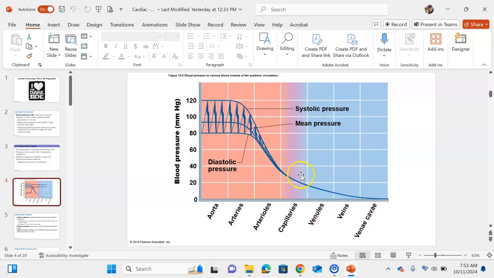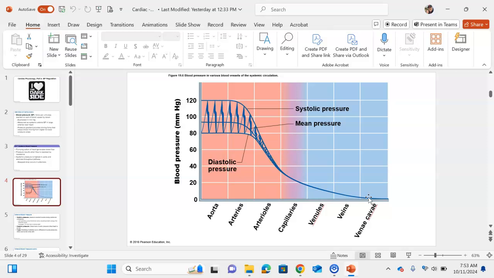So the blood moves through the capillary beds on out through the venous side of circulation into the venules, then it starts moving into the veins, and then ultimately back up to the vena cava to empty into the right atrium. And as you can see, the closer we get to the heart in the venous system, pressure becomes very, very minimal. And so we have to ask the question, well, if pressure is that low on its way back to the heart, how does blood actually get back to the heart?